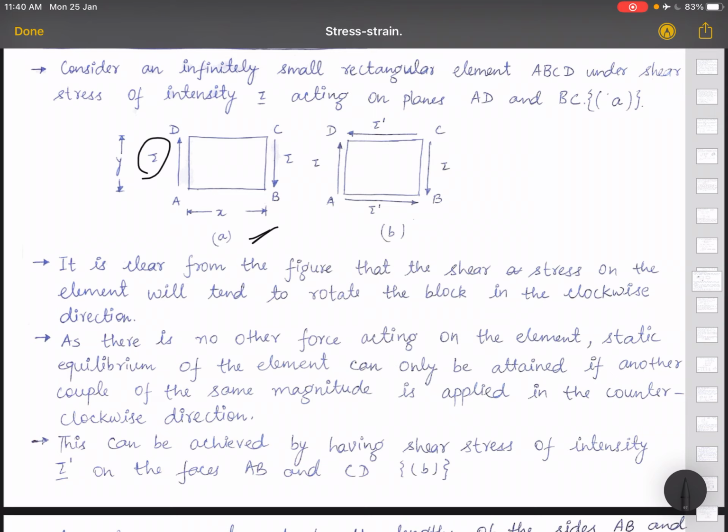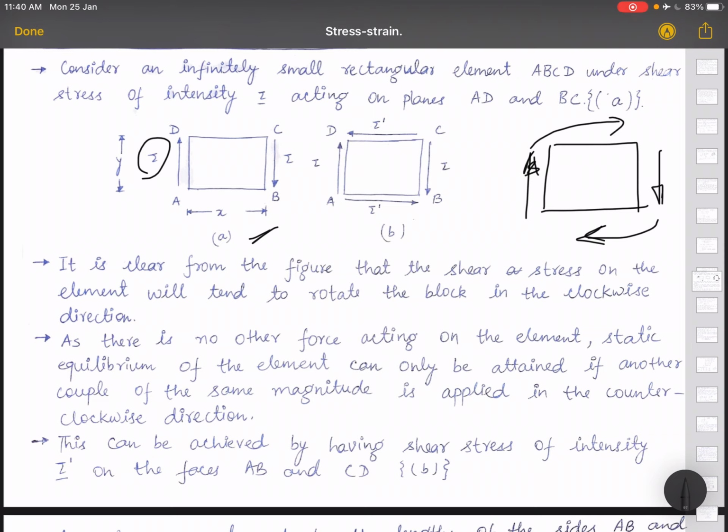It is clear from the figure that the shear stress on the element will tend to rotate the block in clockwise direction.